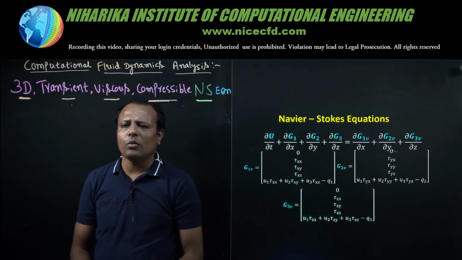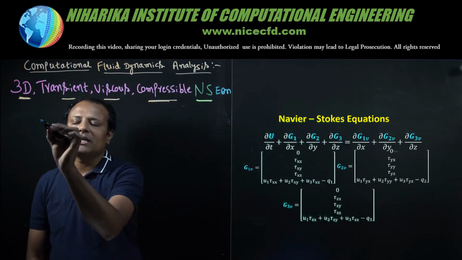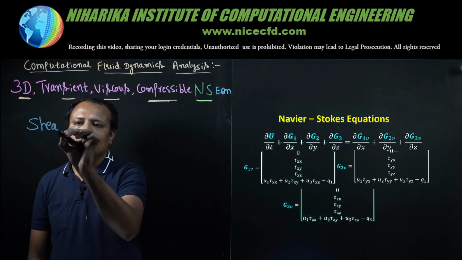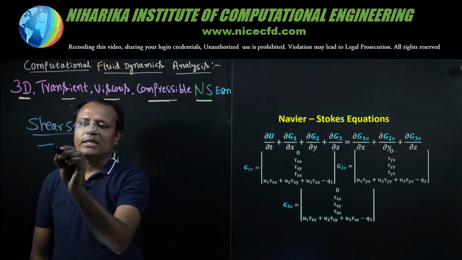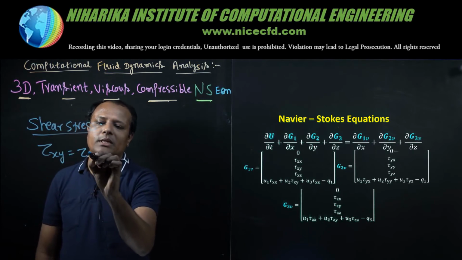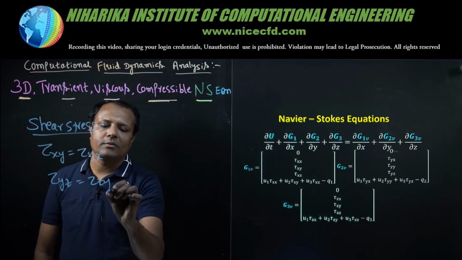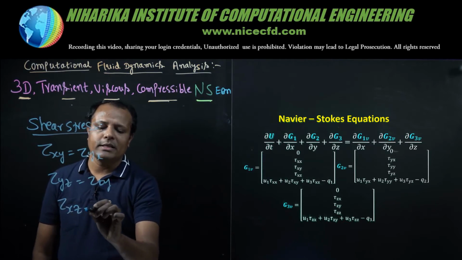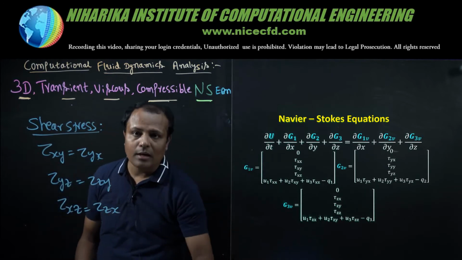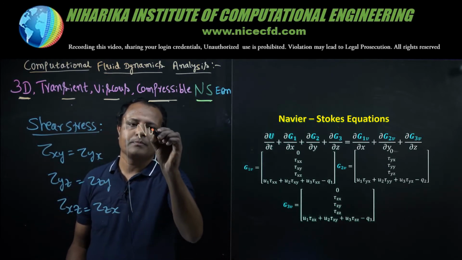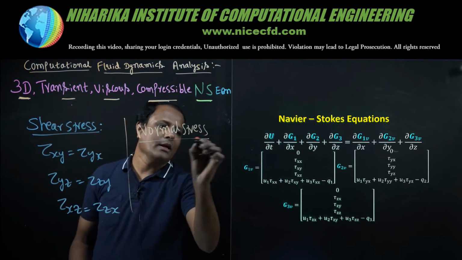Now what are the terms available in the viscous part? I got shear stress. Shear stress is what? Tau xy equals tau yx, tau yz equals tau zy, tau xz equals tau zx, and I have normal stresses. Normal stress is what?